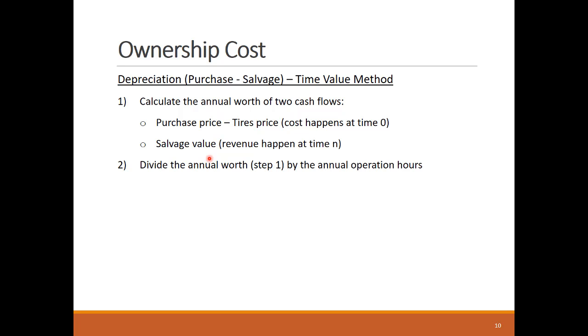We can add or deduct these two cash flows by calculating their annual worth or annuity values to be added on an apple-to-apple basis. Then this net annual worth is divided by the expected annual operation hours.